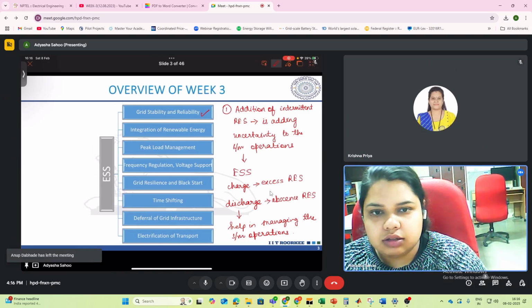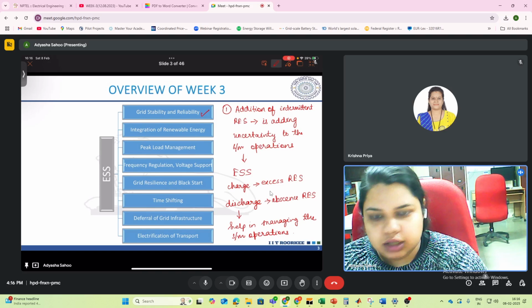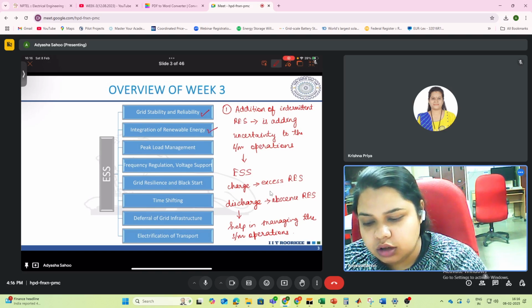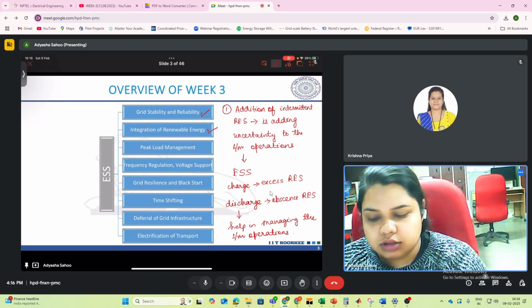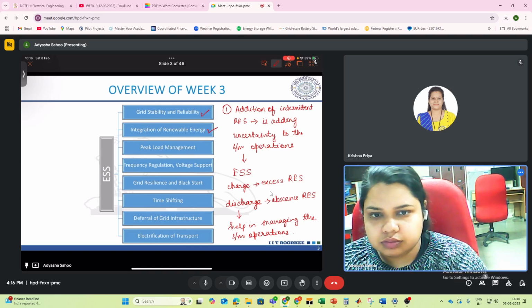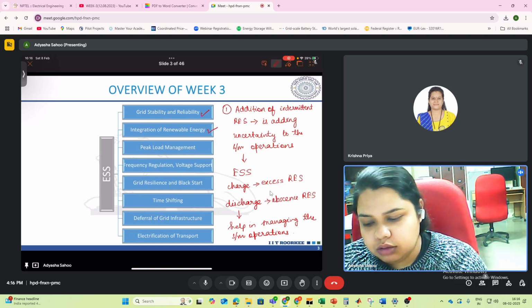So by providing this range of services, they can help in the grid stability and reliability. Then integration of renewable energy, that as we discussed, it can facilitate the integration of the renewable energy sources by handling their intermittencies.